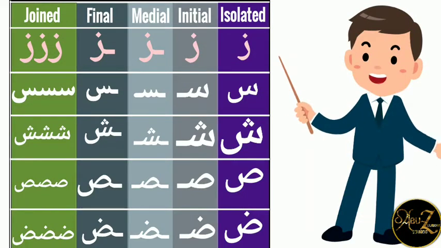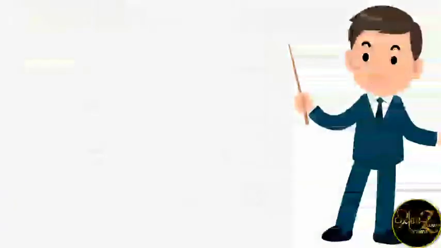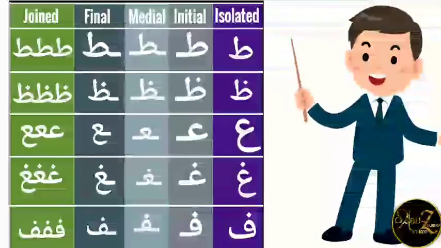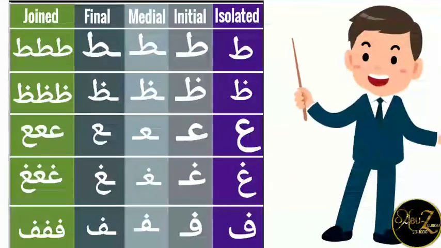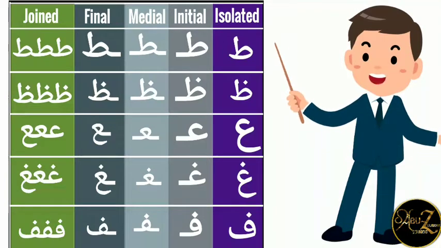That is, they only change in shape either in the middle or at the end of the word. That is what it was indicating. At the same time, these letters cannot be joined to a following letter. They cannot be connected together. That is what those in color are indicating.